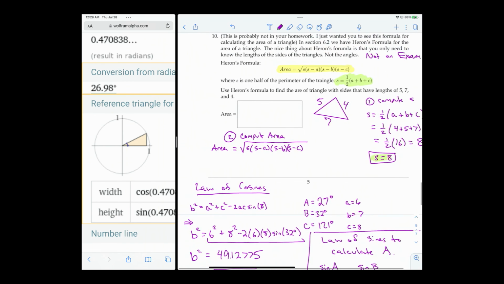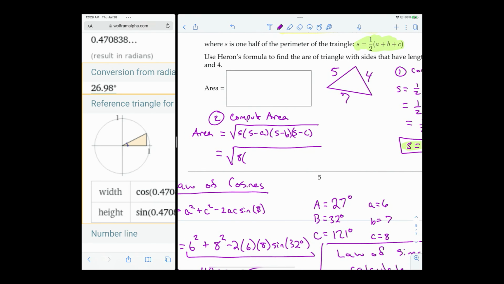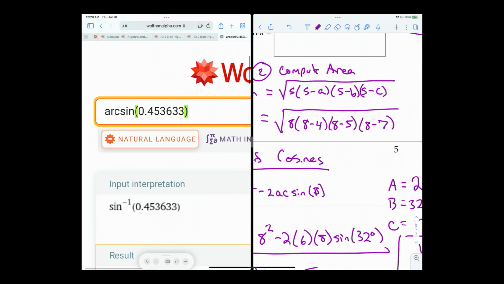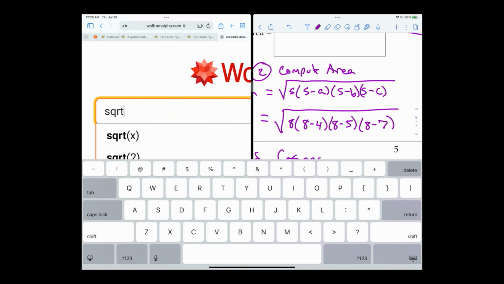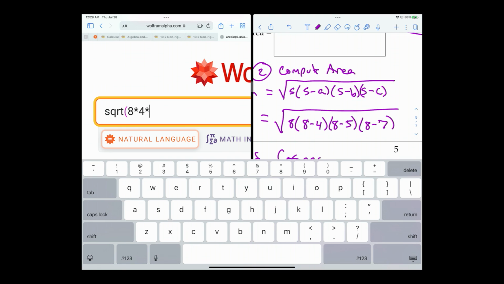You just fill in the numbers now. S is 8, so 8 minus 4, 8 minus 5, 8 minus 7. And we just put that into a calculator. So we get the square root of 8 times, and I'll just do the subtraction: 8 minus 4 is 4, 8 minus 5 is 3, 8 minus 7 is 1.